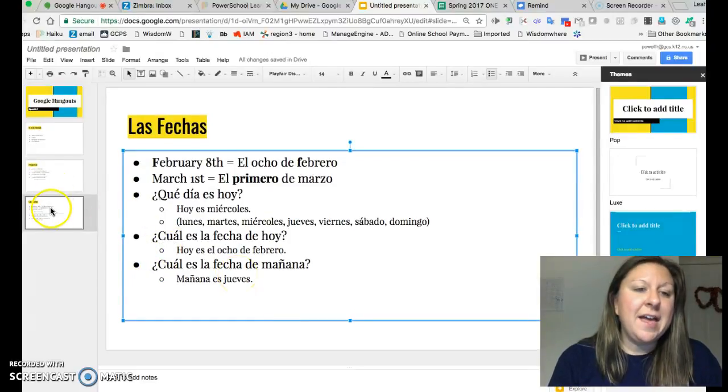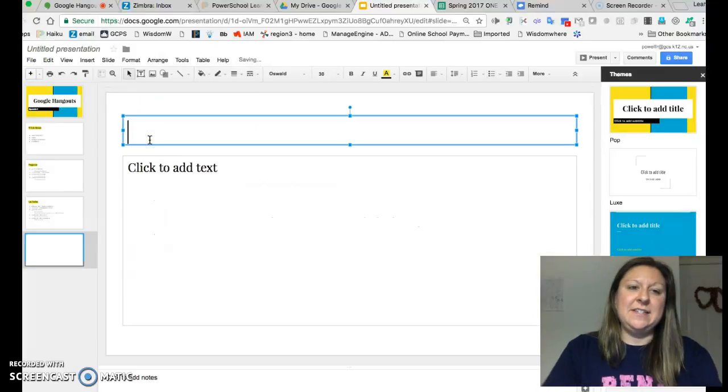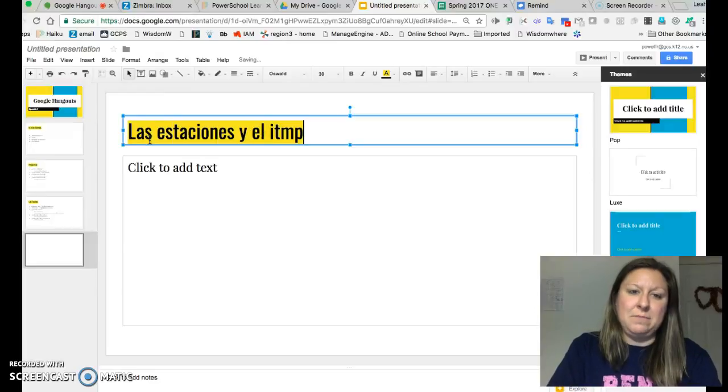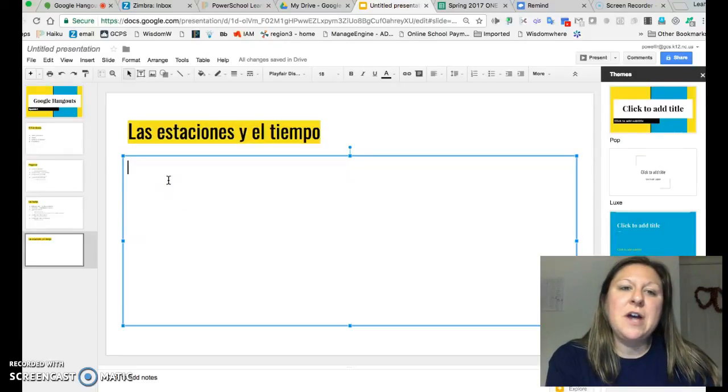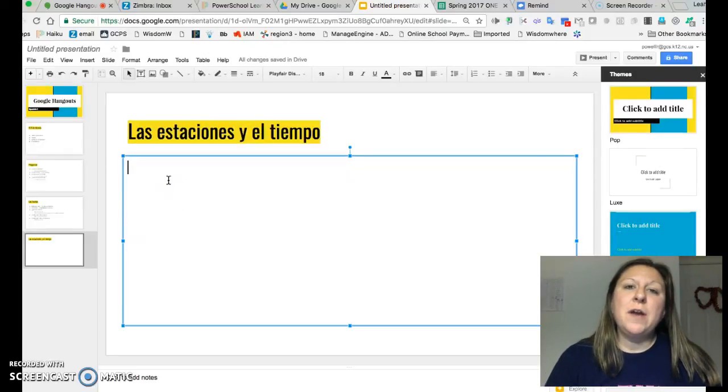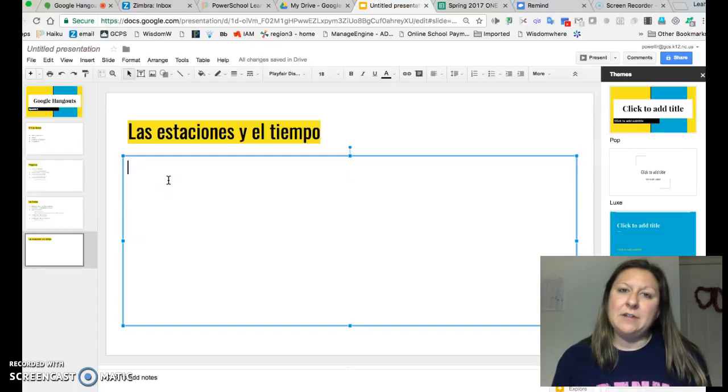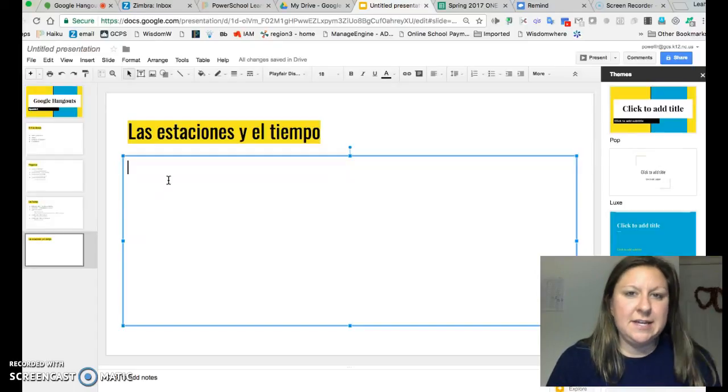Okay, so one of the next items that we're going to look at is when we talk about the seasons as well as the weather. So I'm going to say las estaciones y el tiempo, talking about the weather. So with el tiempo, when we say it is hot, we're not actually using the word is per se.